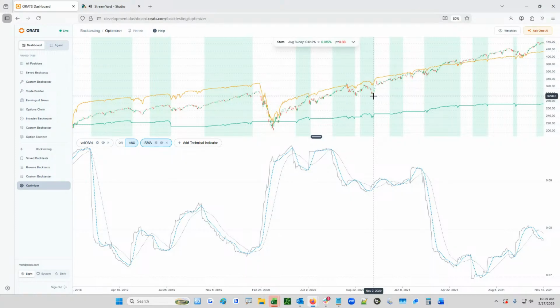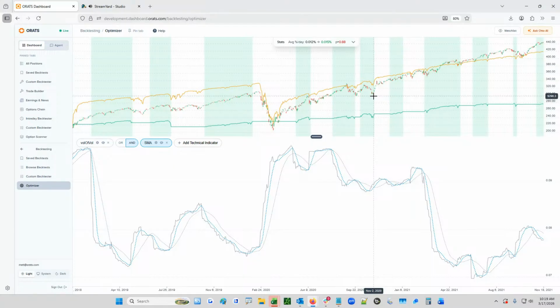But again, the backtest that I chose, I knew wasn't going to have very good p-values, because it's so similar to the stock returns. It's a short put spread. Maybe we should just talk about that briefly.